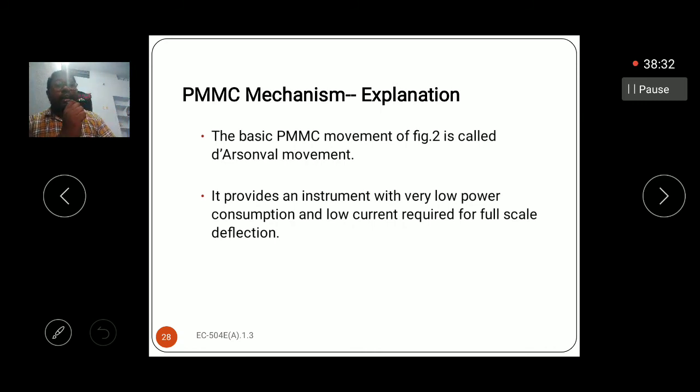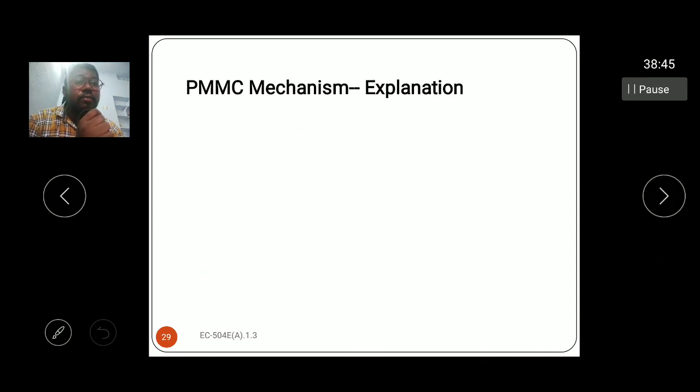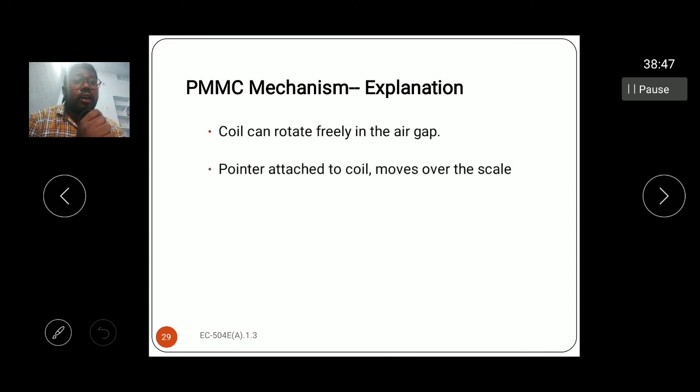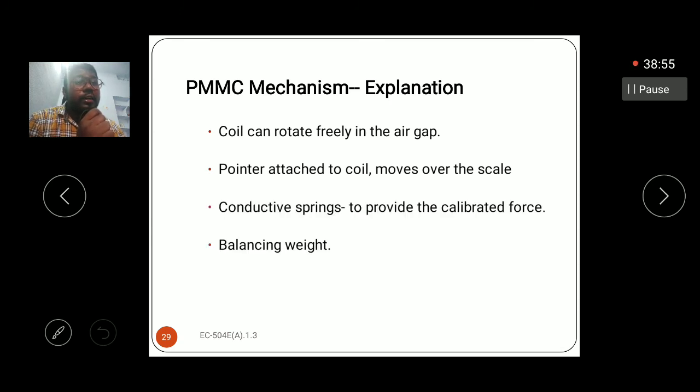It provides an instrument with very low power consumption and low current required for full scale deflection. Soft iron pole pieces are used, and the coil can be rotated freely in the air gap. The pointer attached to the coil moves over the scale. The conductive springs provide the calibrated force.